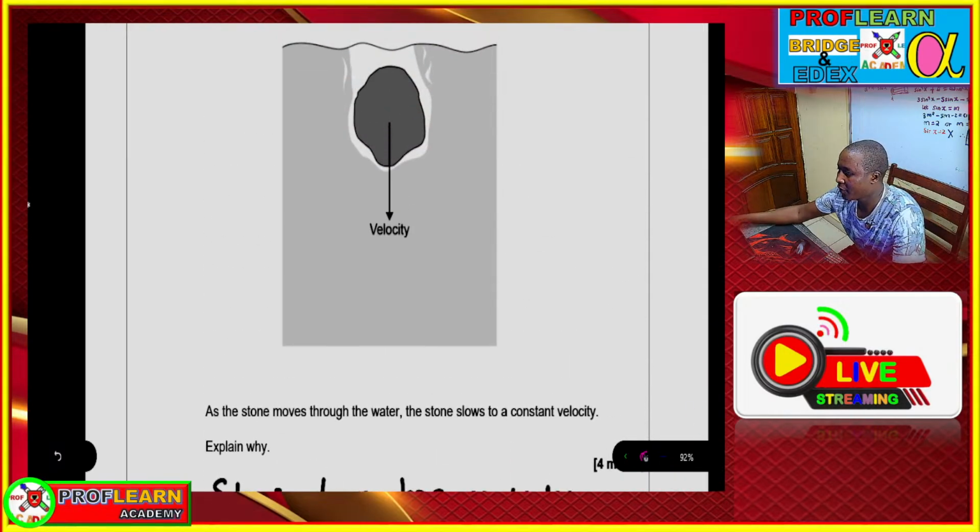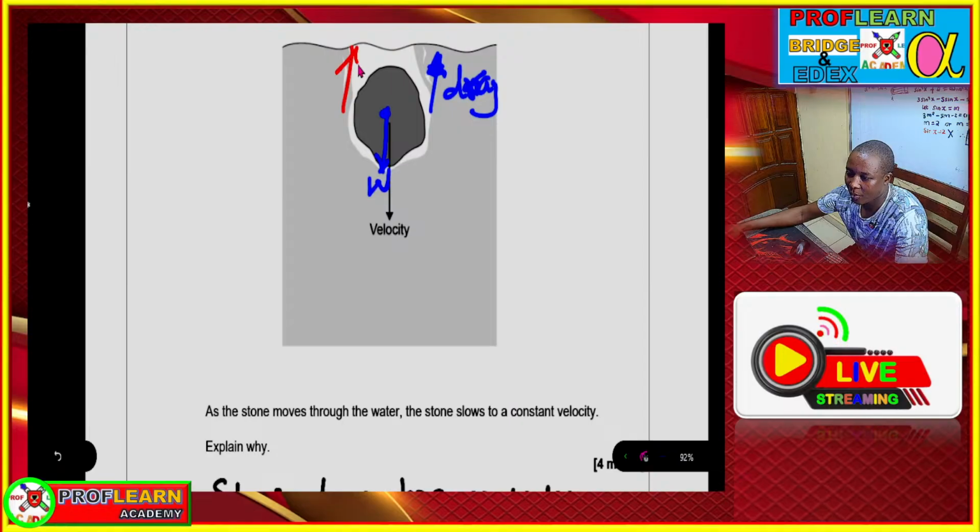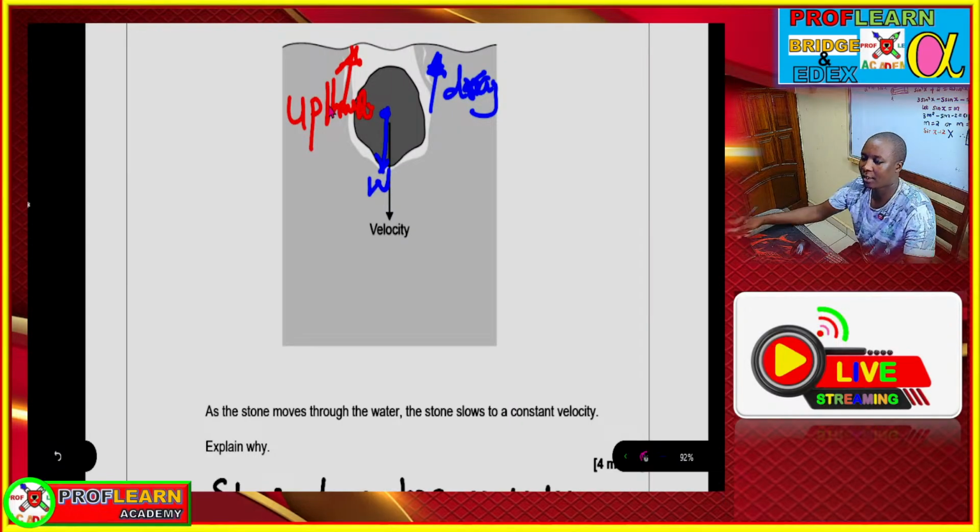So there are different forces acting here. The weight of the stone is acting downwards. We have water resistance or drag acting upwards, and also we have what we call upthrust acting upward.